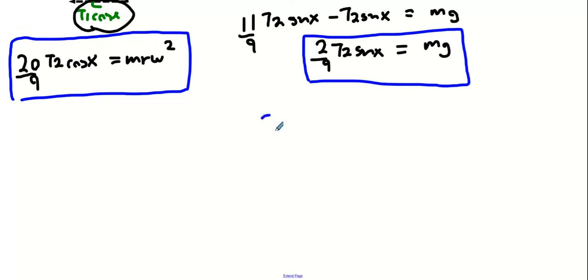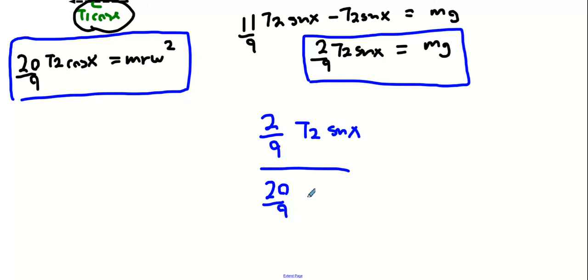So we're going to have 9 over 2 T2 sine X divided by 20 over 9 T2 cos X, and that in turn will equal mg over m r omega squared.